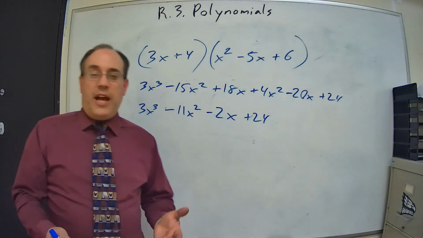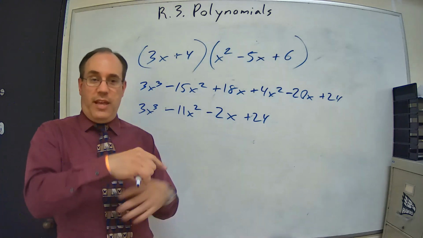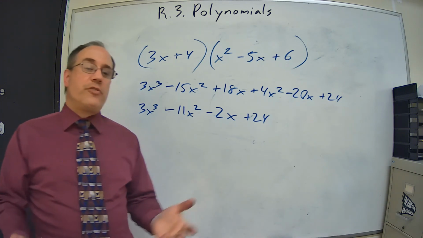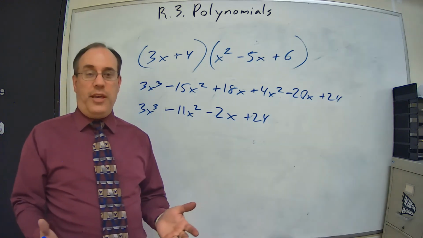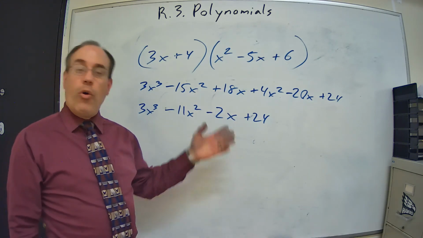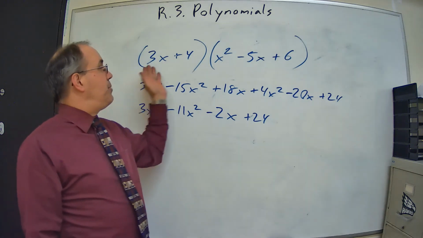You also have the option of using the table and doing your multiplications there. And if you end up with something larger than a binomial in the multiplication, so larger polynomials, you can use the table or you can just keep distributing through.